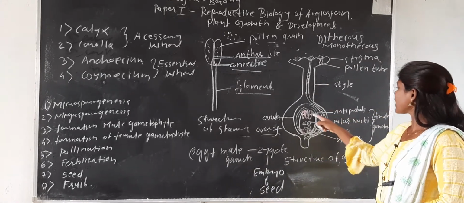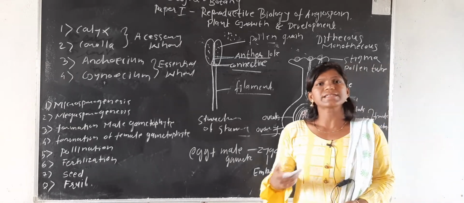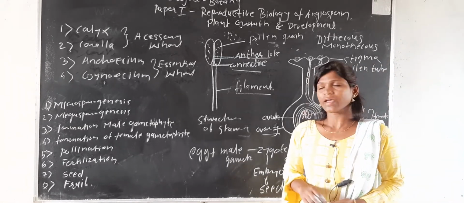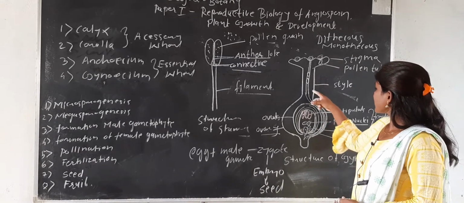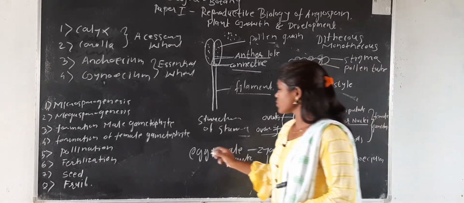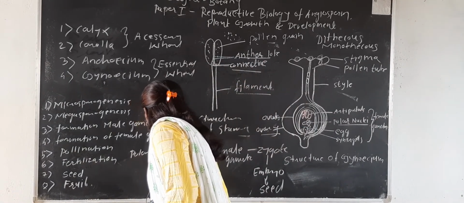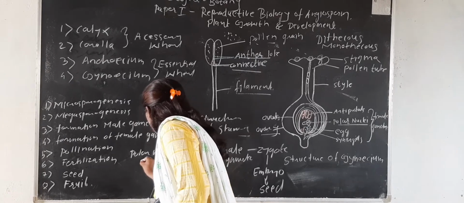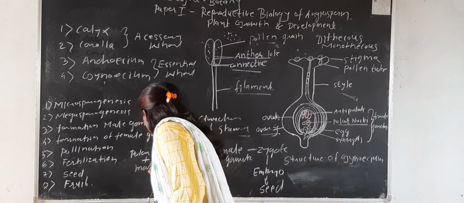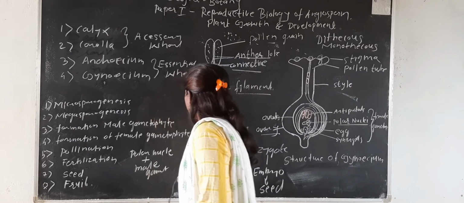That other male gamete fuses with the polar nuclei, also called the secondary nucleus. Okay. So when the polar nuclei fuse with that other male gamete, what do they produce?